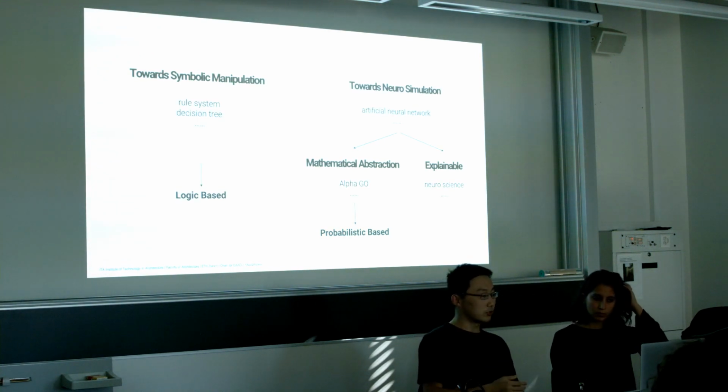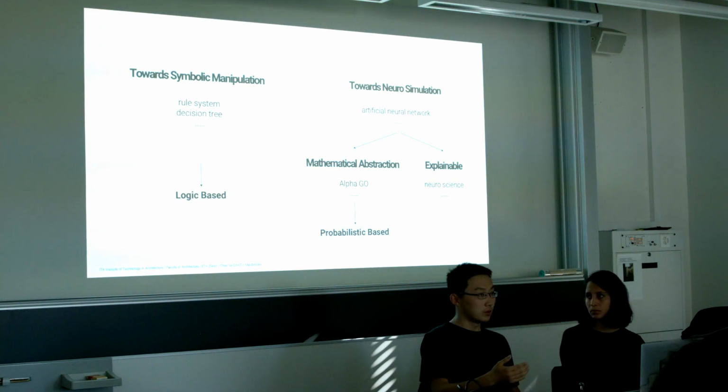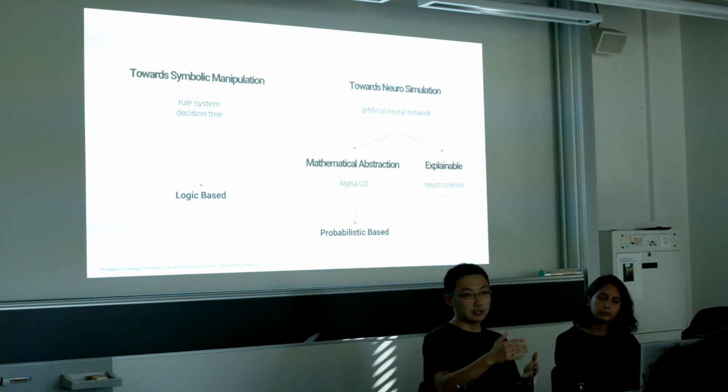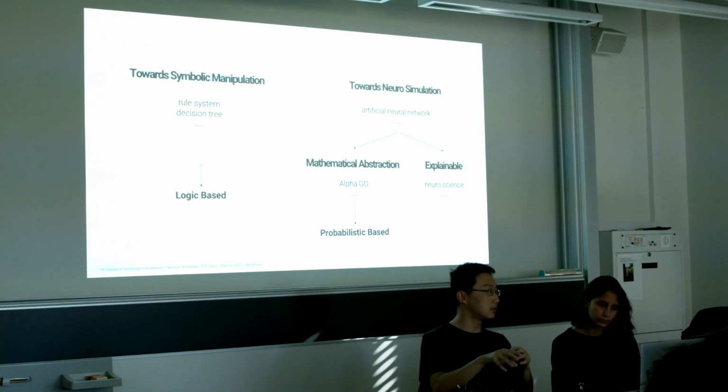And on the other approach, people believed that we should actually simulate our brain in order to achieve such a machine. Therefore, at the beginning, a model called the artificial neural network was proposed, and it is actually a mathematical model inspired by how neural cells are connected in our brain.